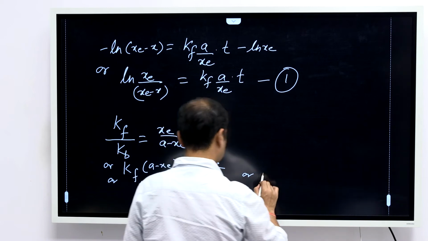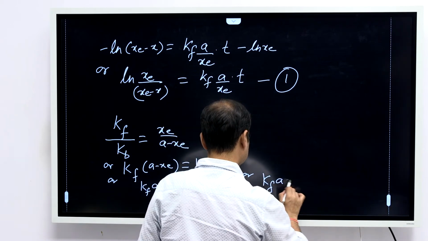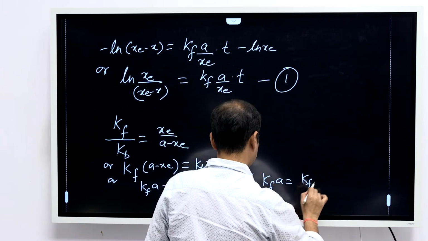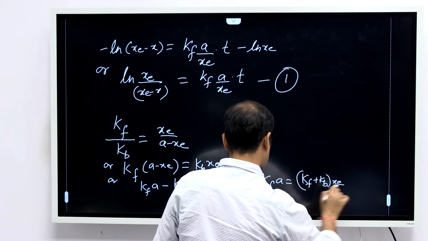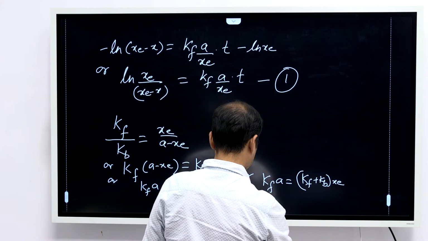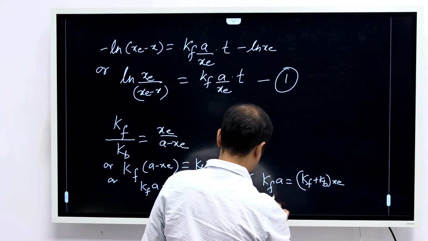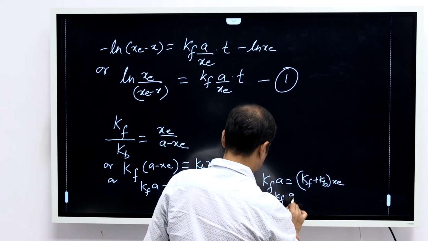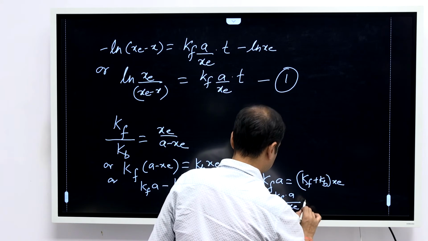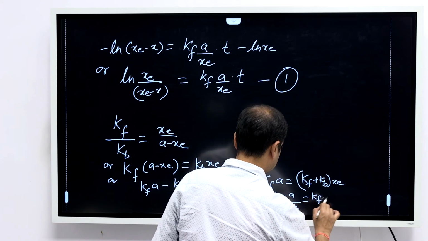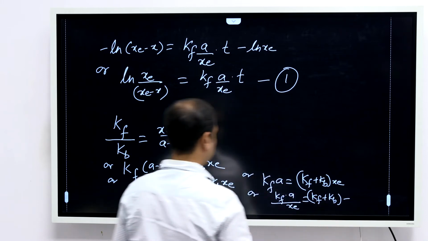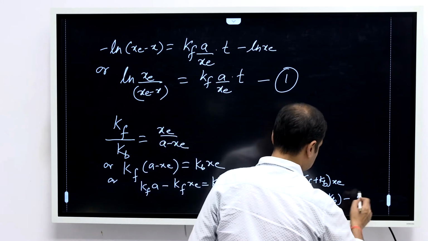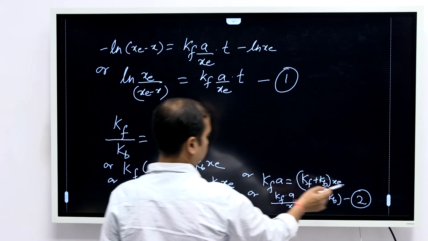So we get here kf into a is equal to (kf plus kb) into xe, or kf into a upon xe is equal to kf plus kb. So we are going to use this result in this equation.